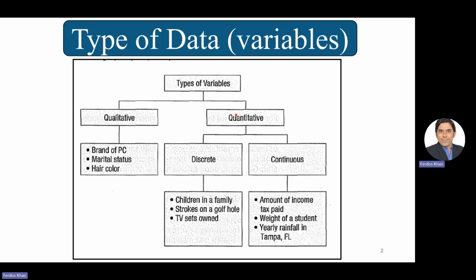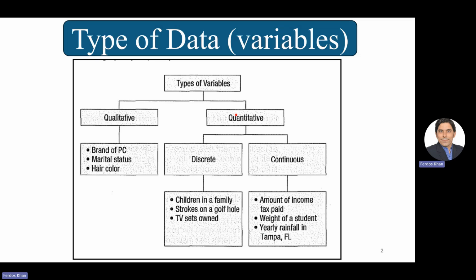That is called a discrete variable, which can consider whole numbers. An example is the number of children in a family. It is obvious that children in a family can be 1, 2, 3, maybe 0 or 4, 5. It depends on which region you are talking about.